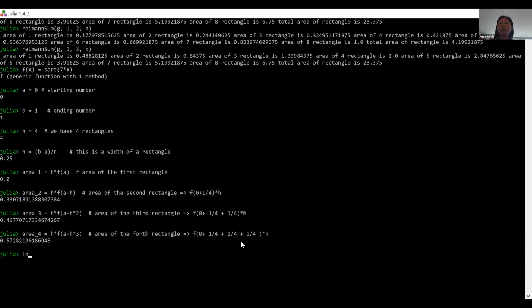So my total lower sum will be what? Area 1 plus area 2 plus area 3 plus area 4. So that would be my answer. 1.37124 and so on.